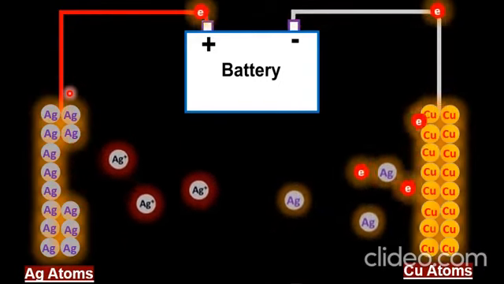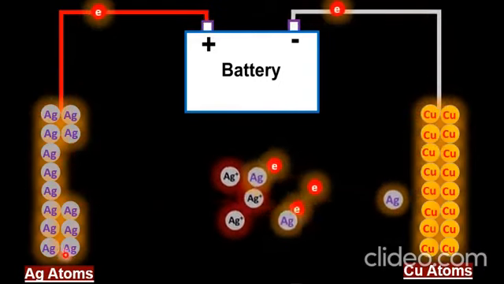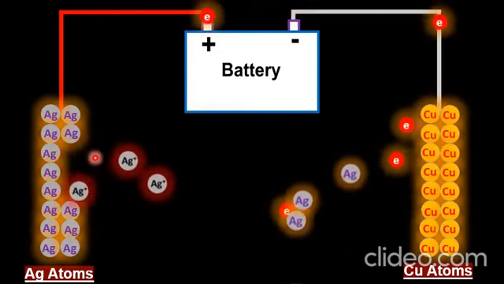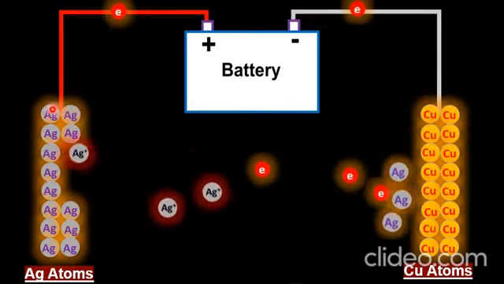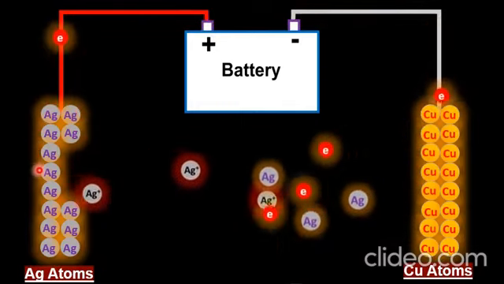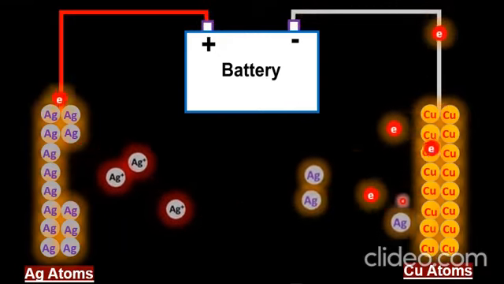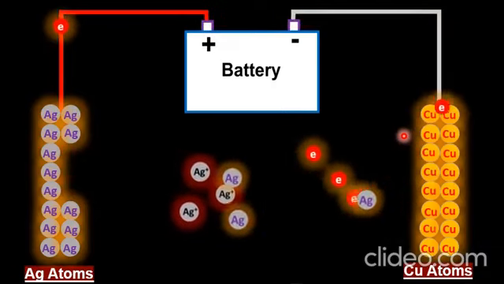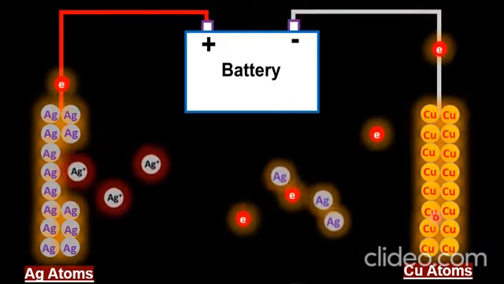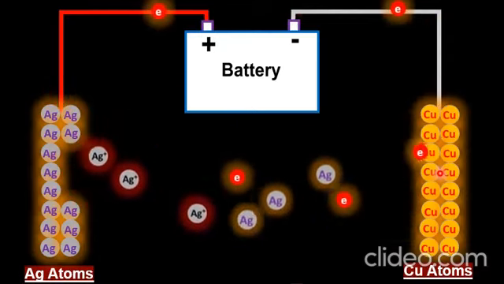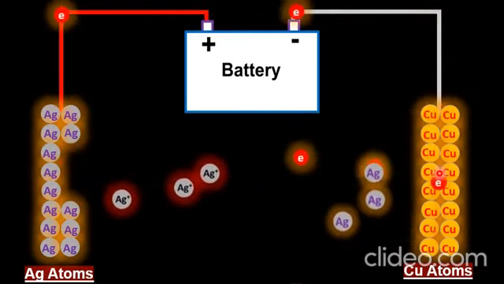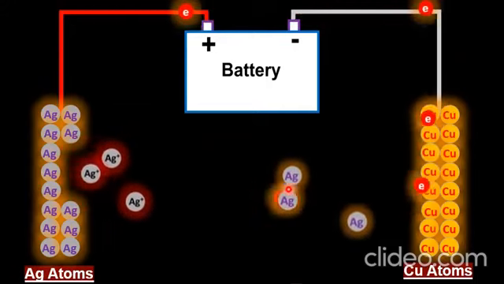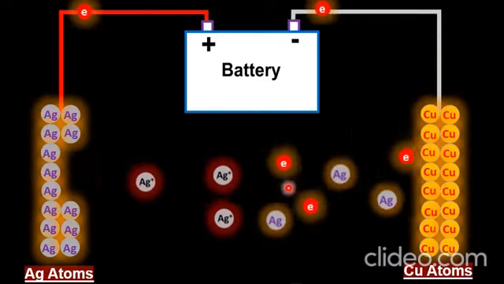So an electron is basically lost by a silver atom at the silver plate. So oxidation will happen at the silver plate side, whereas reduction is a gain of an electron during a chemical reaction. So reduction basically happens at the copper plate side of the electroplating solution. So we will write a chemical equation for both the reduction and the oxidation reaction.